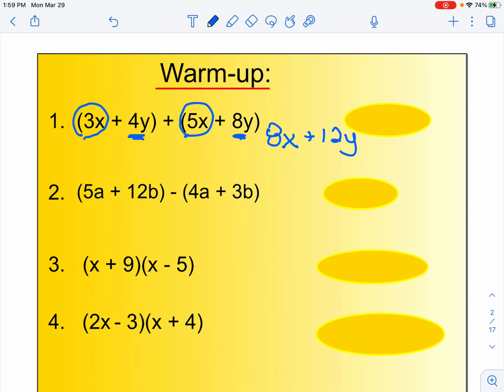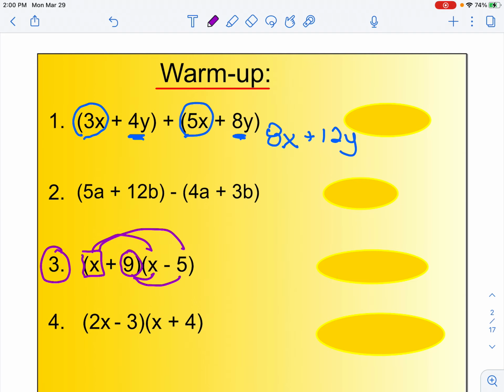Now, if we look at something like number 3, we're multiplying these two expressions. When we multiply, we need to make sure that we are multiplying this 9 to each of those terms, but we also have to multiply the x to each of those terms. And we used a process called FOIL.